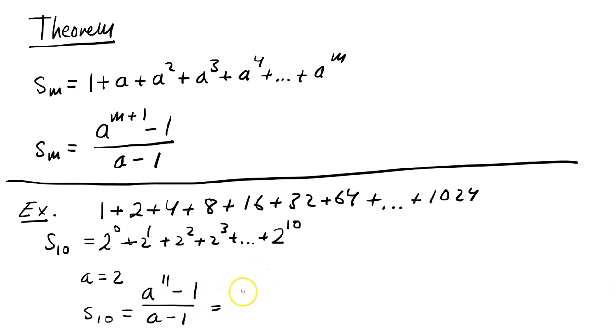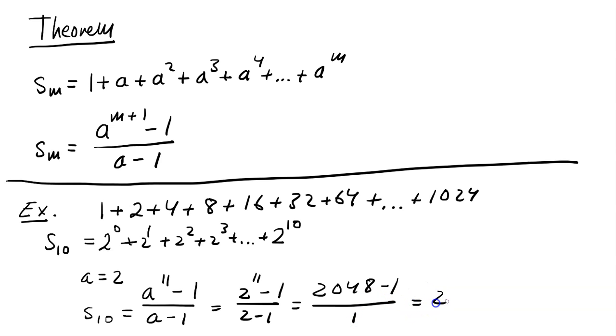And here a is 2, so it's 2 to the 11, minus 1, divided by 2 minus 1. And this is double this, so 2048 minus 1 divided by 1. So it's 2047. If you add this sum here, that's 2047. And that you can find out by using this explicit rule.